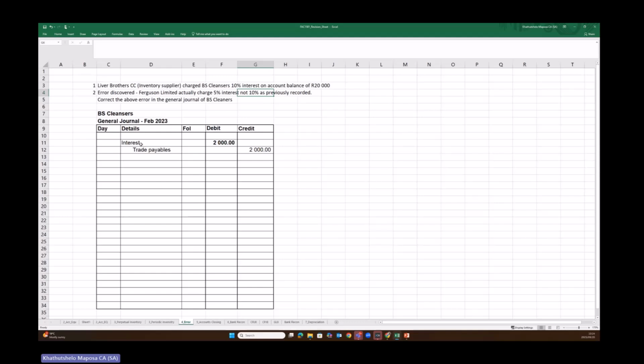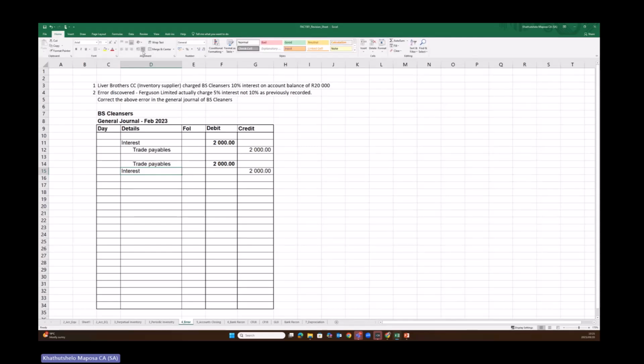What was done? We have debited interest 2,000 and we credited trade payables 2,000. Reversing means doing the opposite, meaning we are going to process the same transaction, however, in reverse order, where we're going to debit the trade payables and credit the interest 2,000.